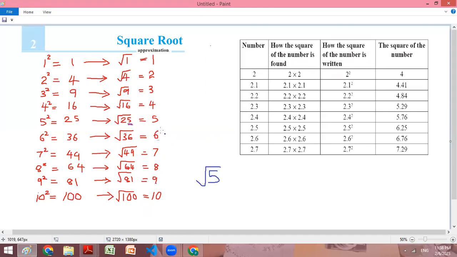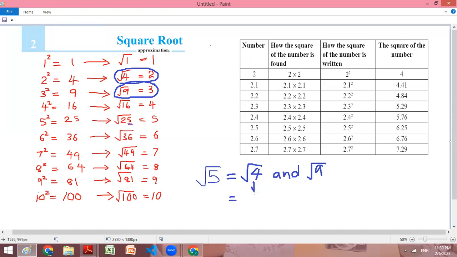But we know the square root of 4 equals 2. Also, we know that the square root of 9 equals 3. Therefore, the square root of 5 is definitely in between the square root of 4 and the square root of 9. In between these two values.